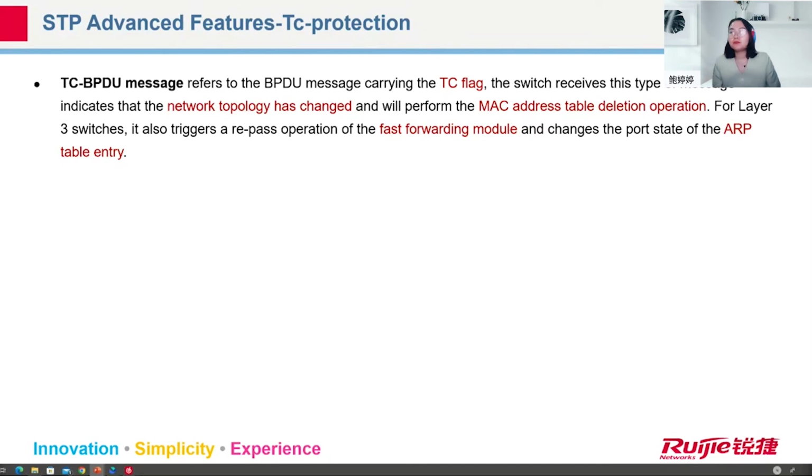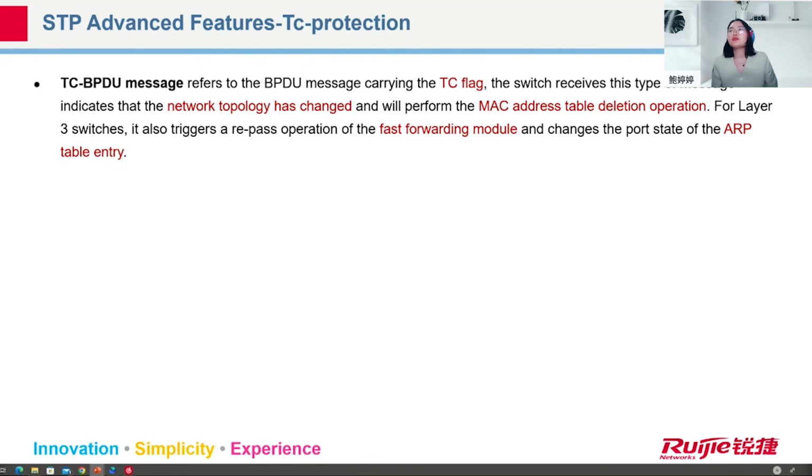If we deploy STP, we have two types. One is the CBPDU, the configuration BPDU, used to finish the convergence. That means deciding who is the root bridge and which ports become RP, DP, and finally are blocked to become AP, something like this. This is the convergence process.